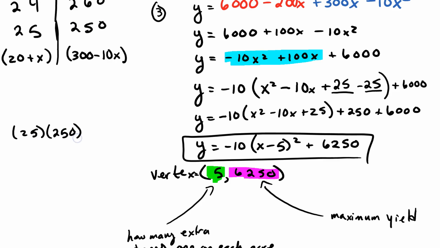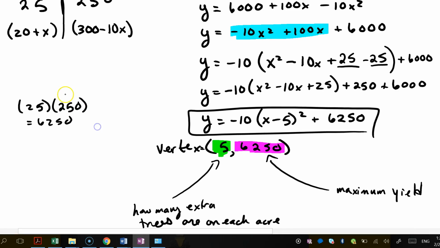Let's just double check the math here. 25 times 250. Yes, it is. Sorry, it's not in dollars, it's in apples. It is 6,250. So this is just a little rough work on the side, so you don't need to write this down. This is just double checking to see if I got it right.